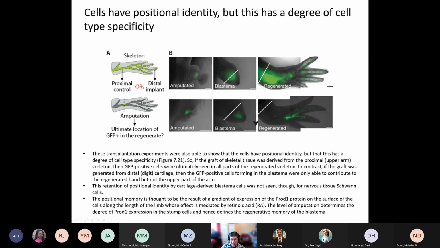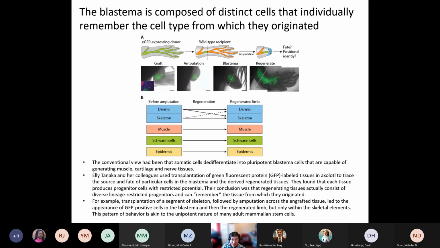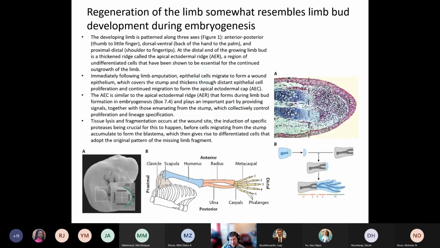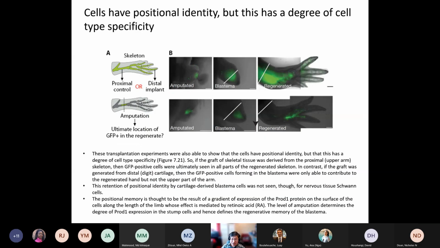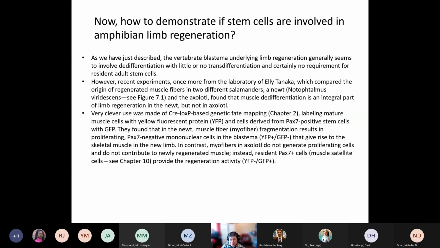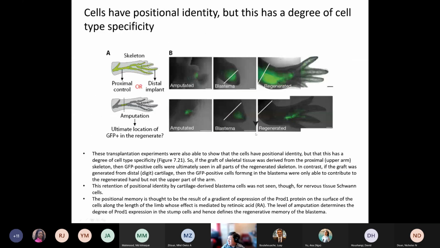Like I said from the beginning, the blastema cells will have positional effect, like shown here. But on this slide, the information is that it's not the blastema cell that carries the positional effect. It's because of the remaining part.